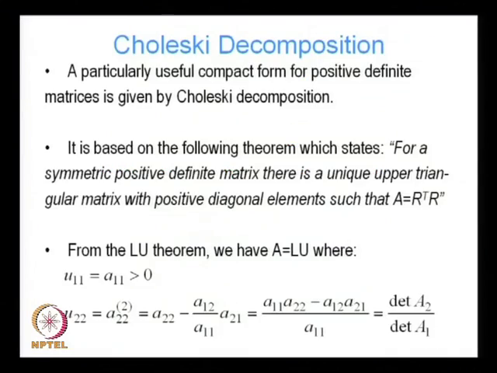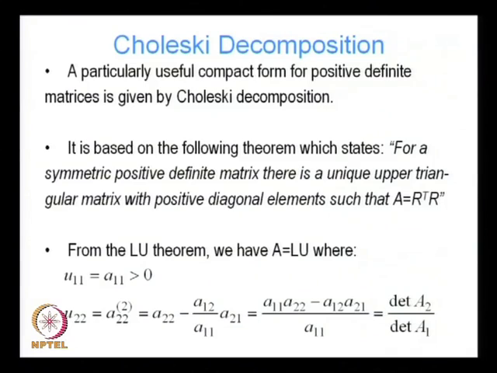In this series on numerical methods in civil engineering, we are going to talk about error bounds for linear systems. However, before doing so, we want to talk about one other method for solving linear systems in a cheap and efficient manner, a method which is particularly suited for positive definite matrices.